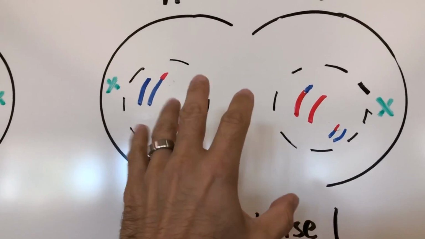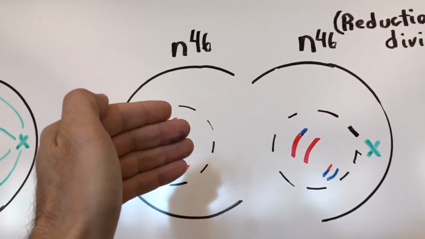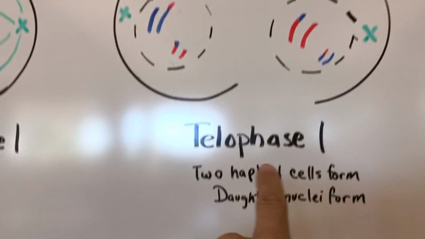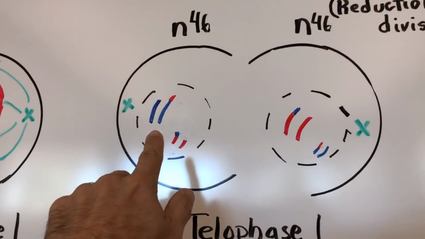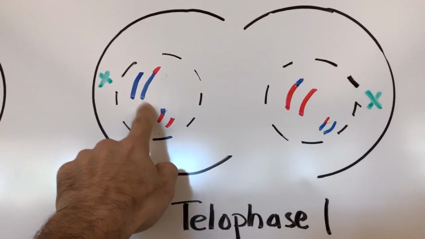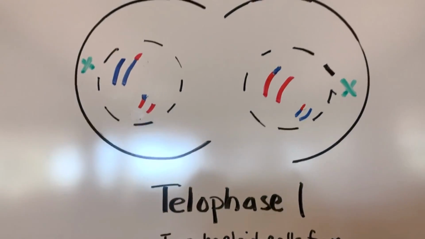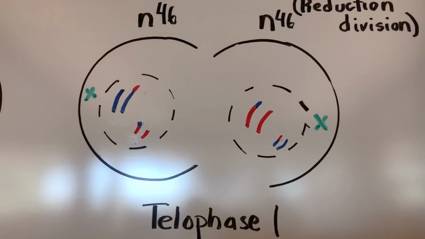This means that even though you have 46 chromosomes, which means 2 sets of chromosomes, it's not quite diploid anymore. These cells are technically haploid because you are missing in this cell a mom's chromosome 1. You only have 2 of dad's chromosome 1. If you do not have homologous chromosomes inside of a cell, that cell is not technically diploid.